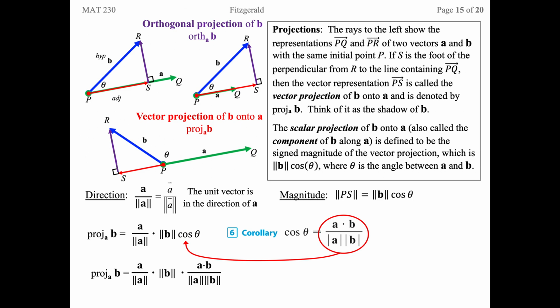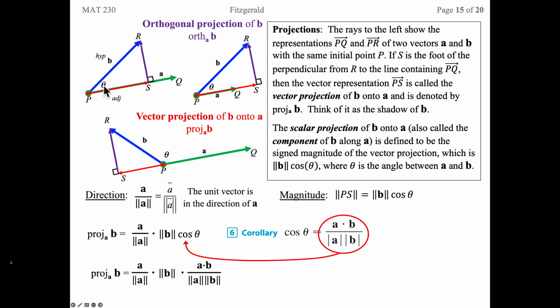Normally you would think, well, that would be the opposite side, I'll just do sine of theta is equal to the magnitude of SR divided by the magnitude of the hypotenuse B. The problem is most times we're not given theta.